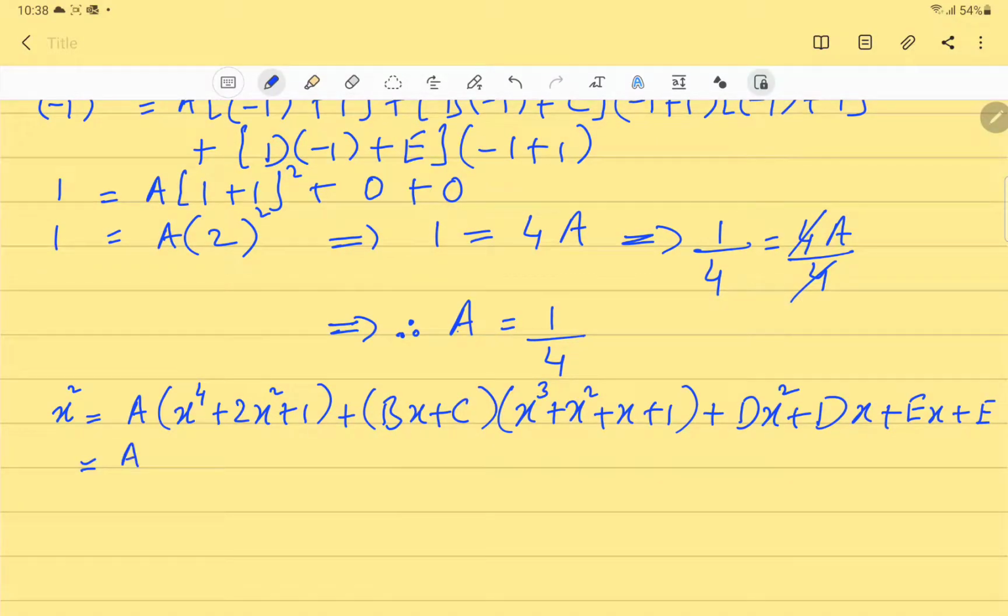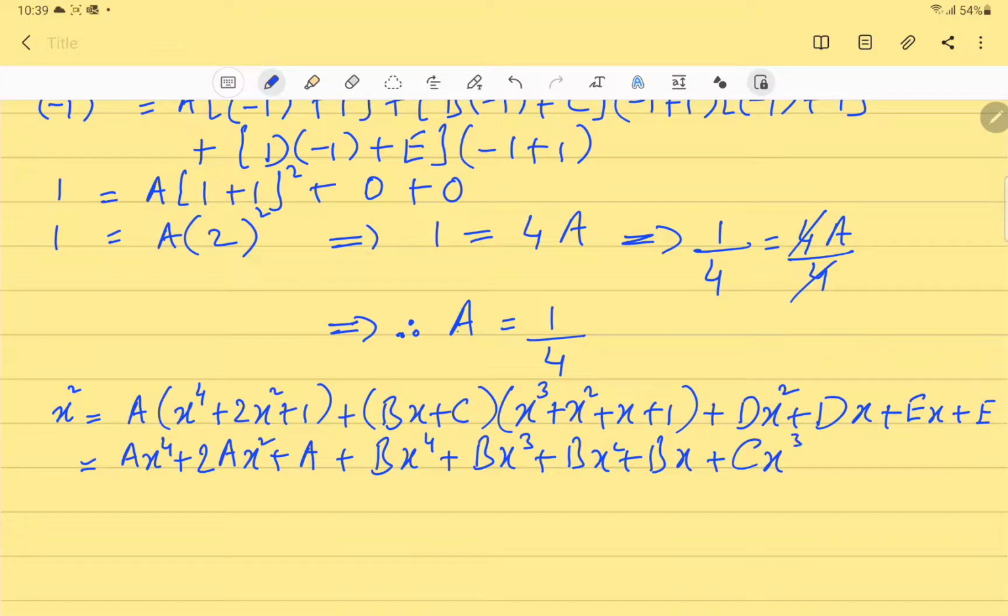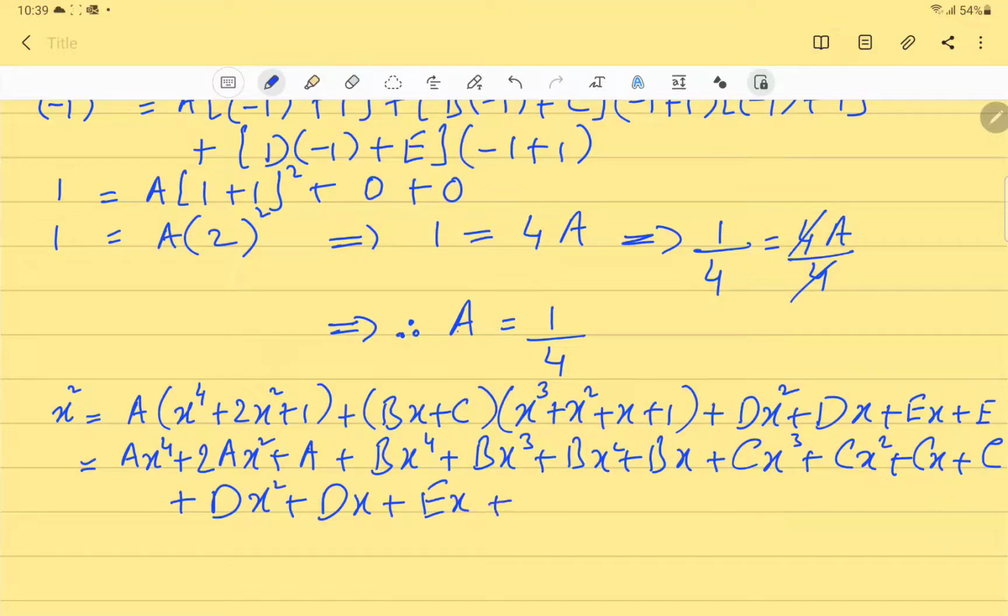Now we are getting ax4 plus 2ax squared plus a, here bx4 plus bx3 plus bx2 plus bx, then cx cube plus cx squared plus cx plus c plus dx squared plus dx plus ex plus e.